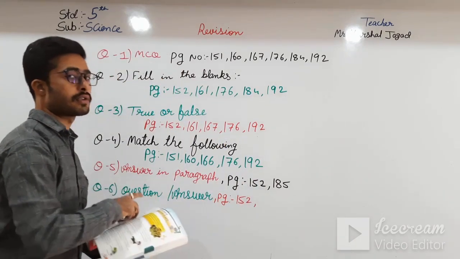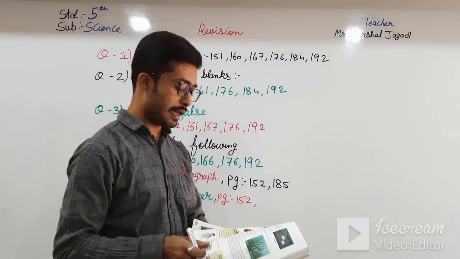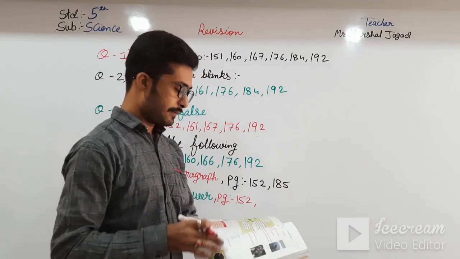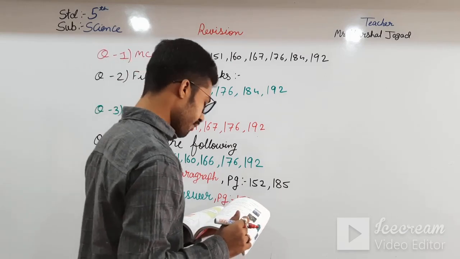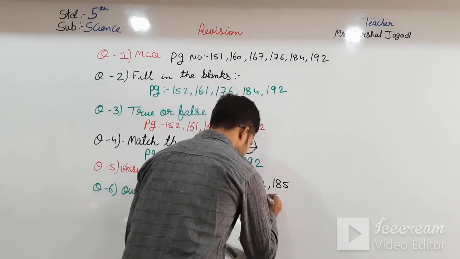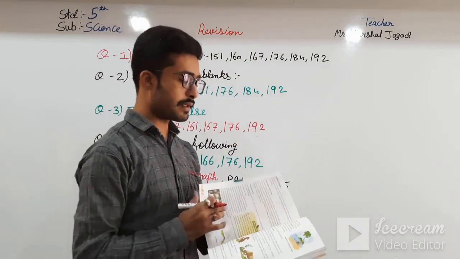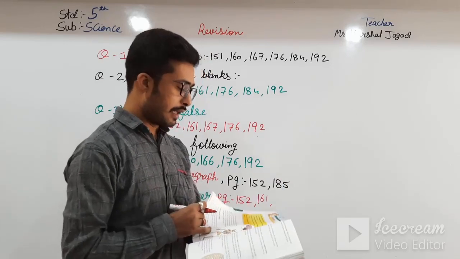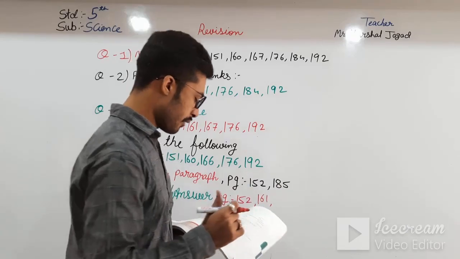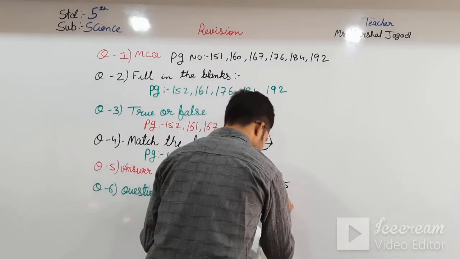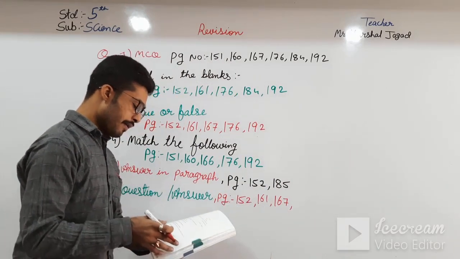Okay, moving towards lesson number 2, that is adaptation in animals and plants, it is on page number 161, and lesson number 3, that is dispersal of seeds, from that page number 167.